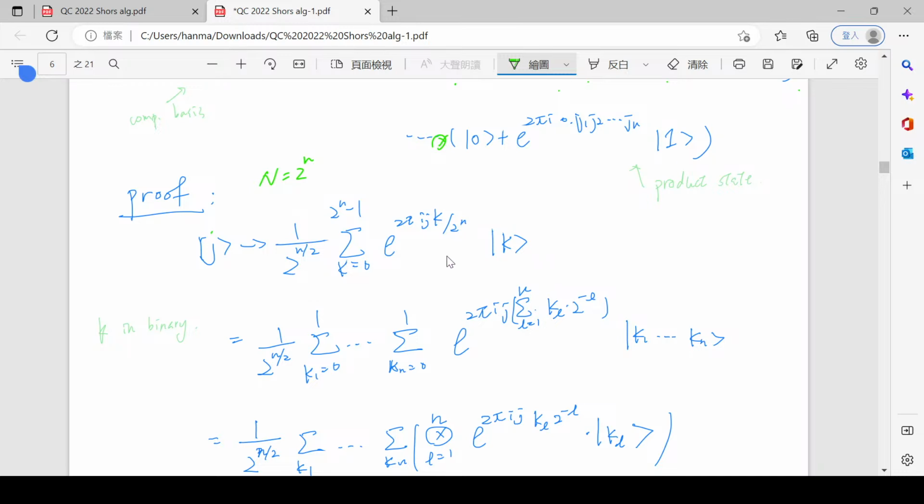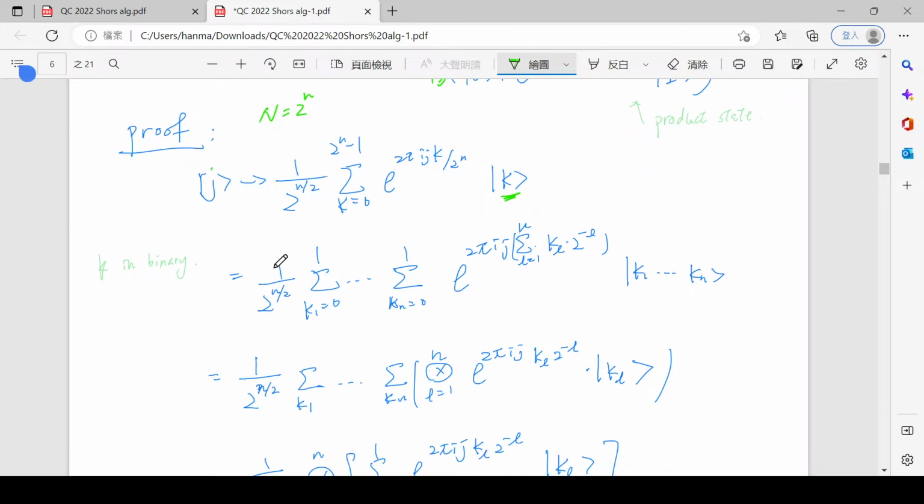The first thing we do is write this k in binary. Okay, so k in binary: k is less than 2 to the n, so in binary it's a small n-bit string, some k1 to kn.